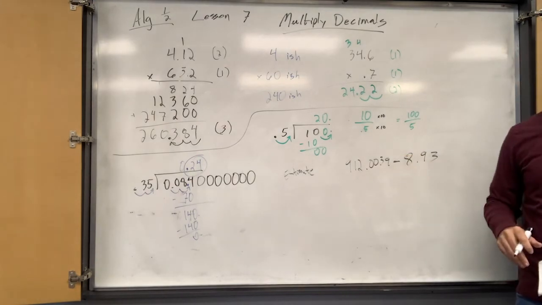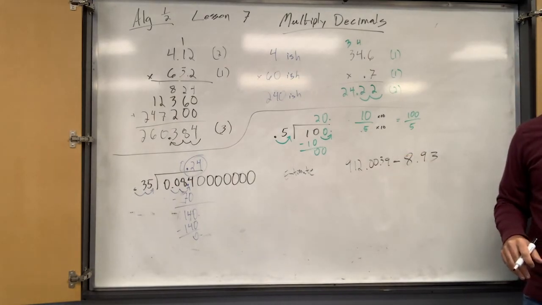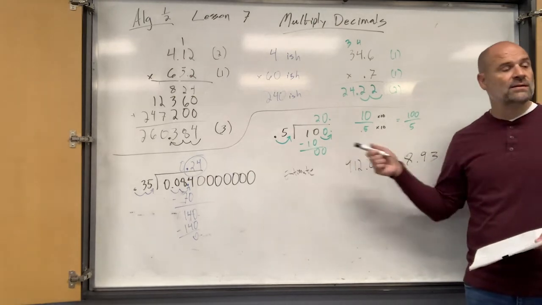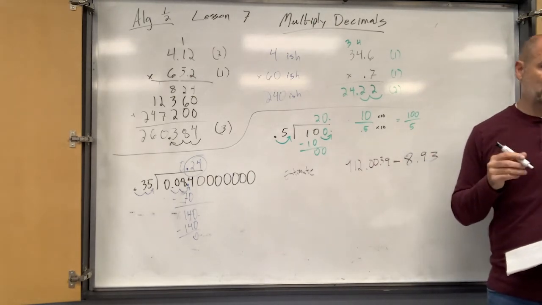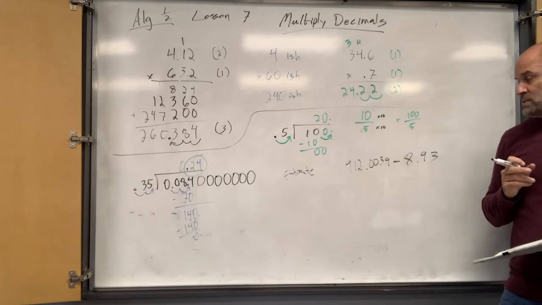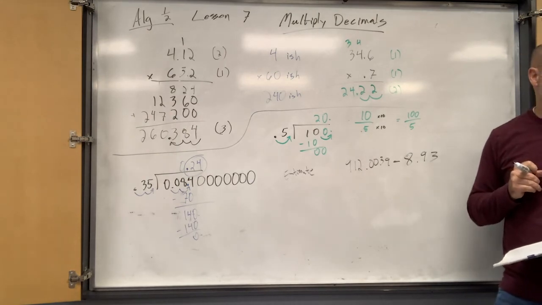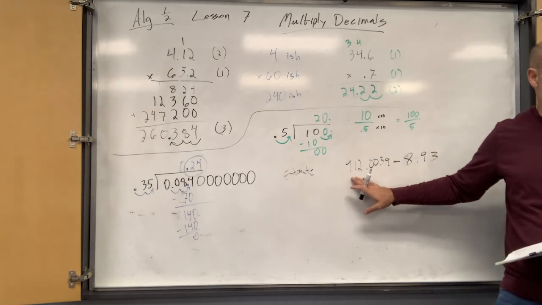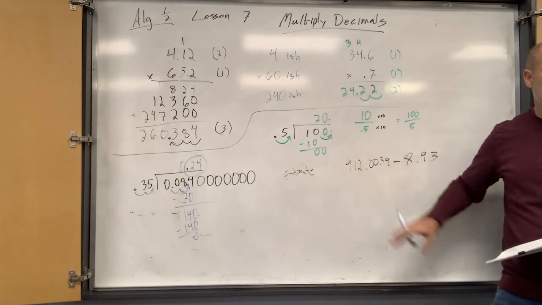Where are you rounding to? When you're asked to estimate, you're going to round to the first digit's place value. So what's the first digit in that number? 9. So 9 is in the hundreds place value, right? So round to the nearest hundreds.